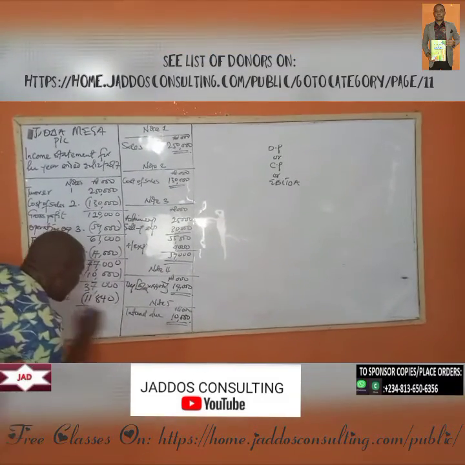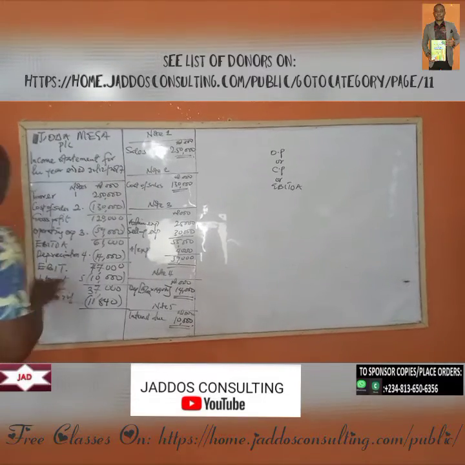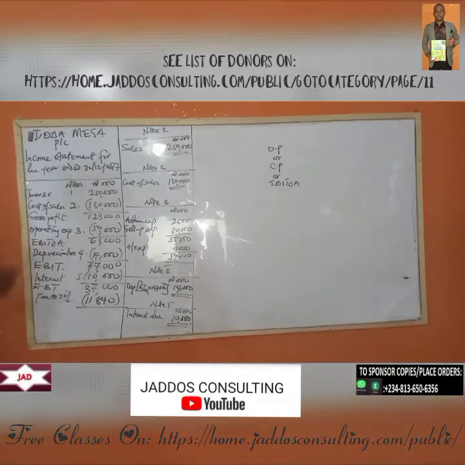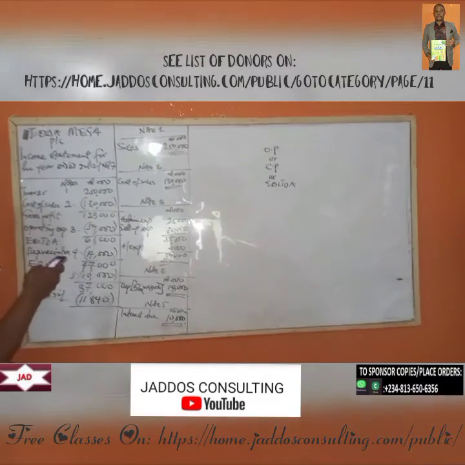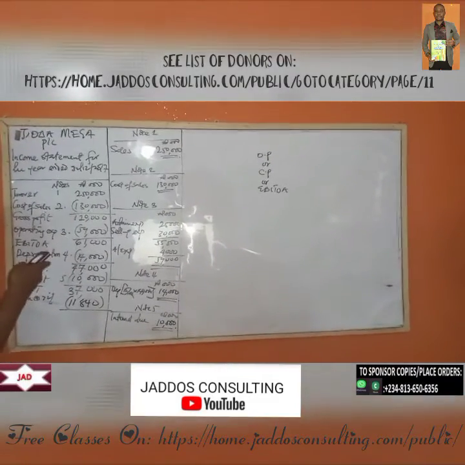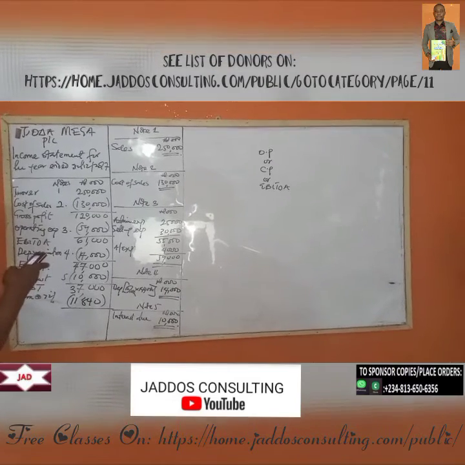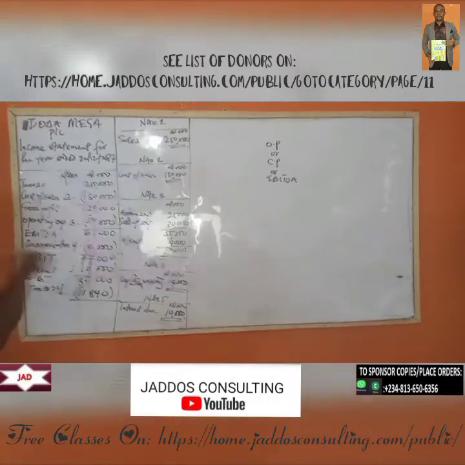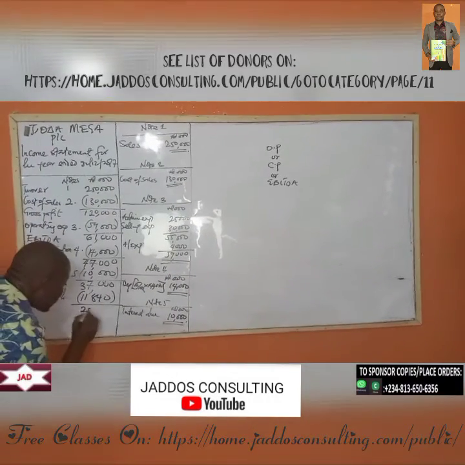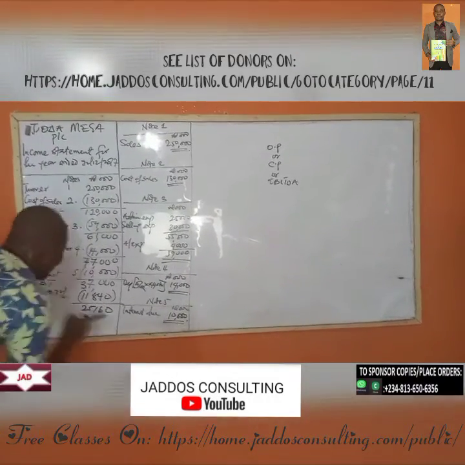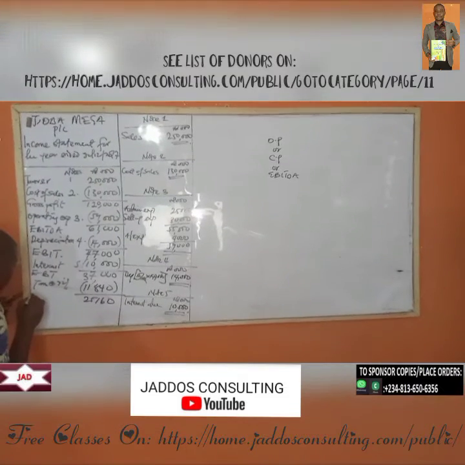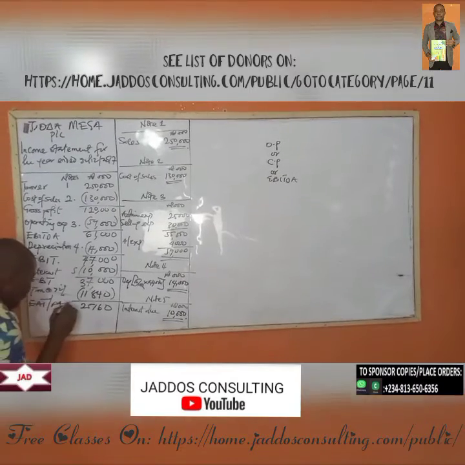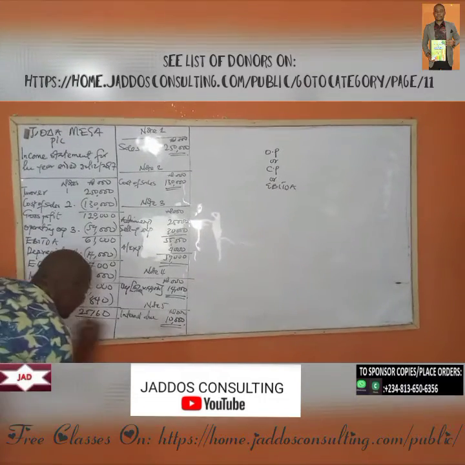So we take this out. What do you have? $25,160. So this will now be your earnings after tax or profit after tax.